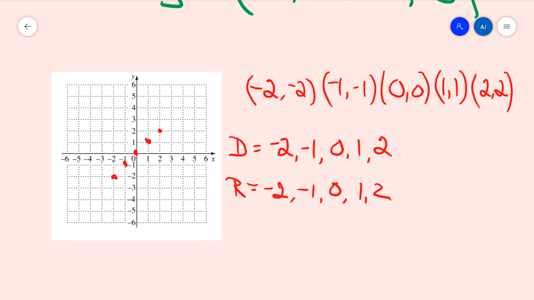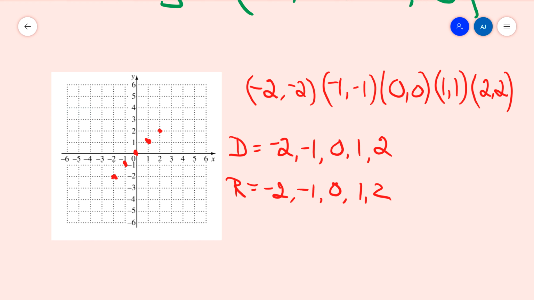Now I want to clarify myself here as I'm speaking. As I'm listing the domain, if I happen to come across a domain where I have the same x values, that's still the domain. However, it's not a function when I have two of the same x values. That's the difference between the two.